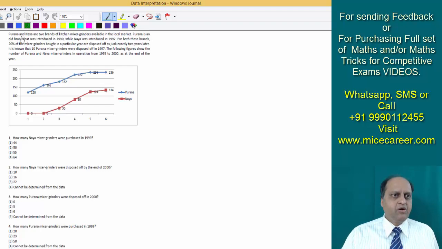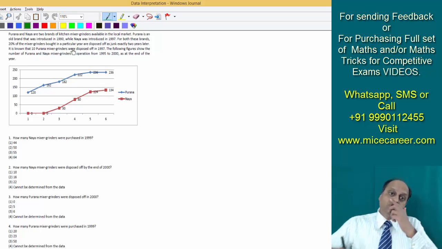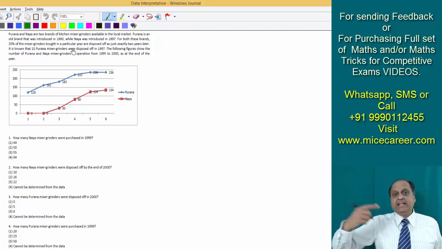Now, Purana and Naya are two brands of kitchen mixer grinders available in the local market. Purana is an old brand that was introduced in 1990, while Naya was introduced in 1997. For both these brands, 20% of the mixer grinders bought in a particular year are disposed of, junked, exactly 2 years later.